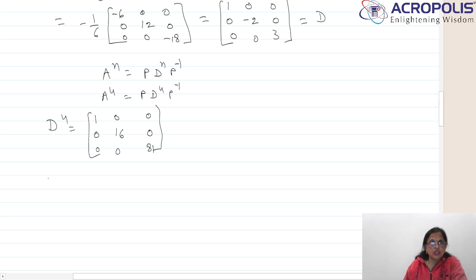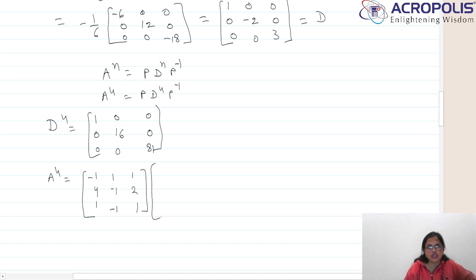Now, putting these all three values, what is P? P is equal to minus 1, 4, 1 and 1 minus 1 minus 1 and 1 2 1. What is the value of D raised to the power 4? D raised to the power 4 is 1, 0, 0, 0, 16, 0 and 0, 0, 81.